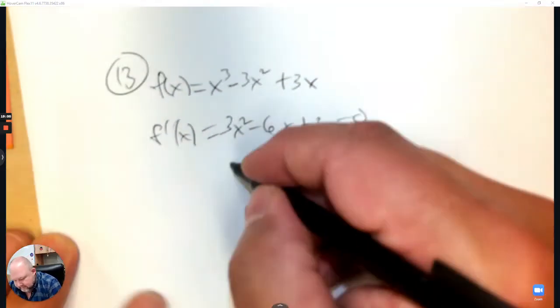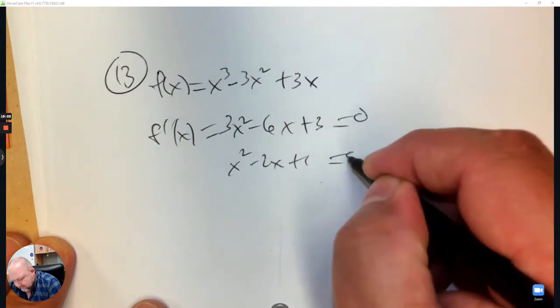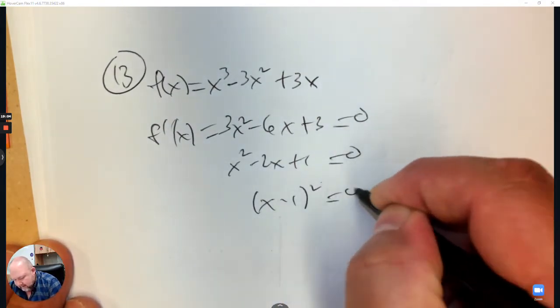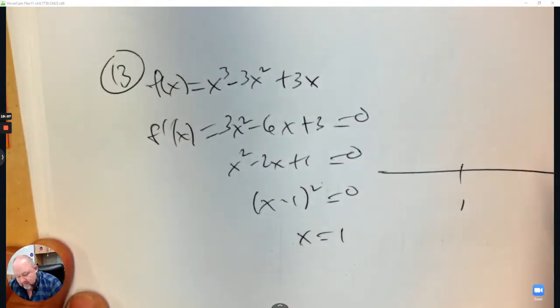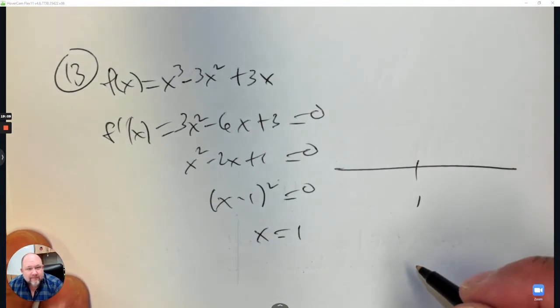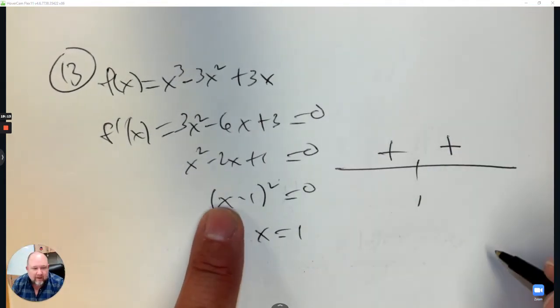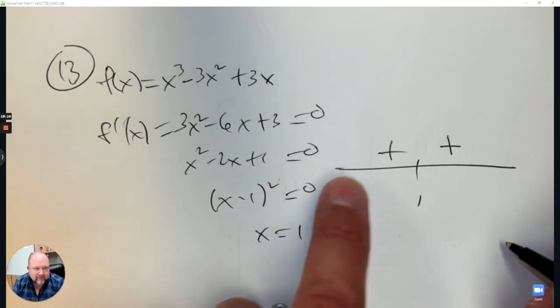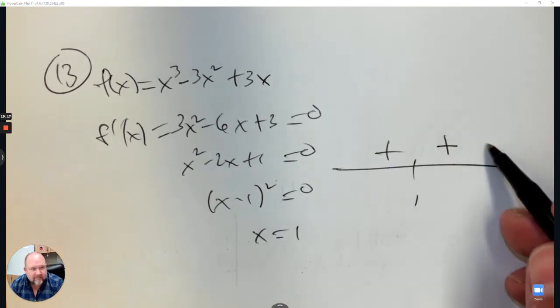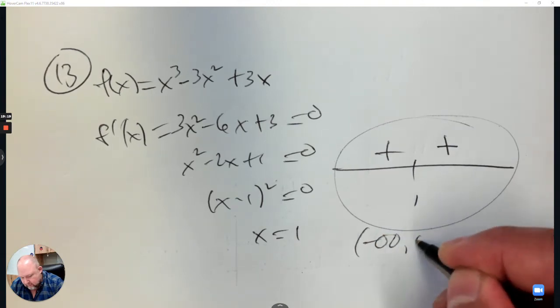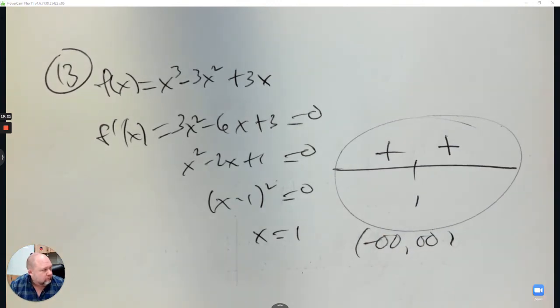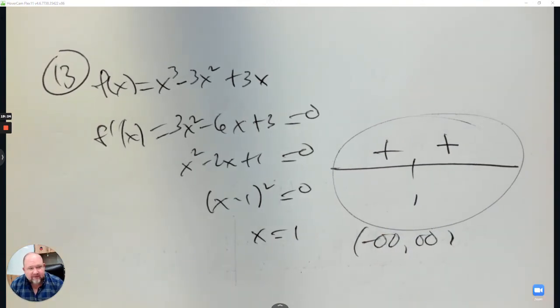I'm going to divide everything by 3, and I'll factor it. It's negative 1 and negative 1, so there's only one answer. And then when I look at the derivative, no matter what number I plug in, the answer is always positive, except for here. So that means the entire function is 1-to-1. All right, 14.